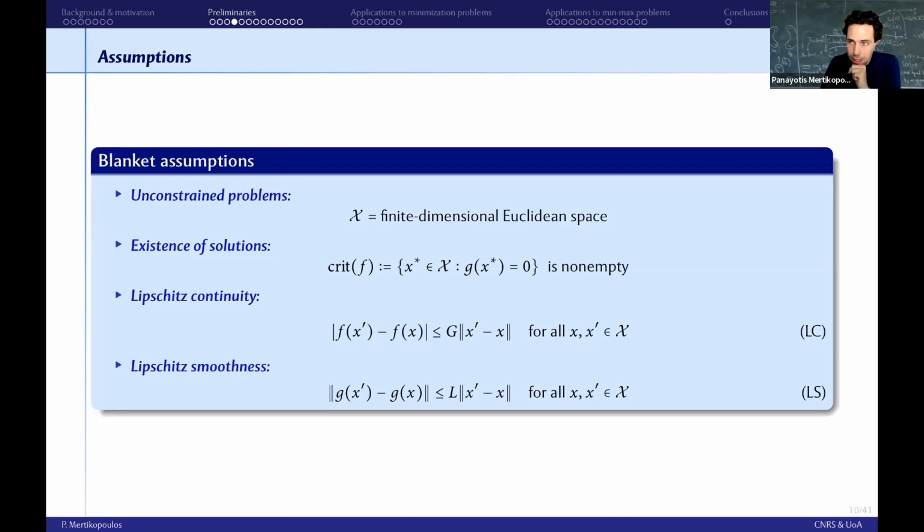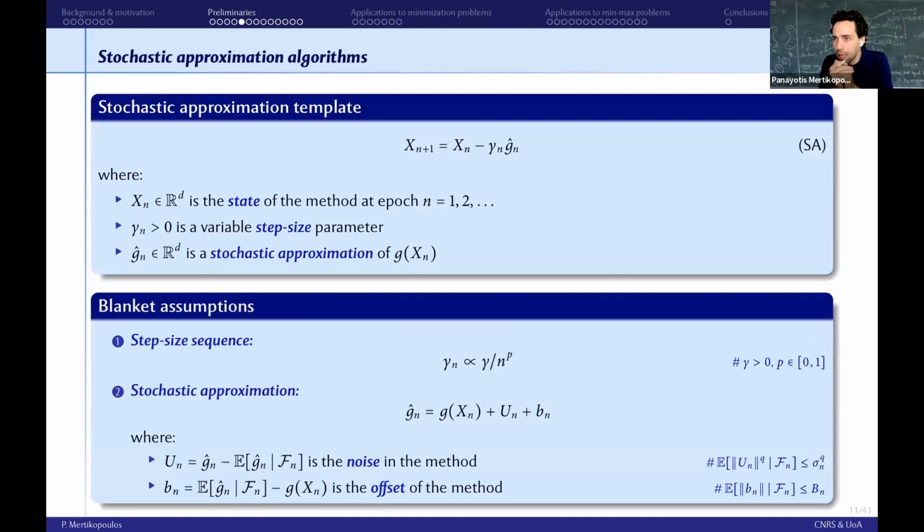And what else? Yes, I should also discuss the general class of algorithms that we will be looking at. And in general, we will be working with a very abstract stochastic approximation template of this form.